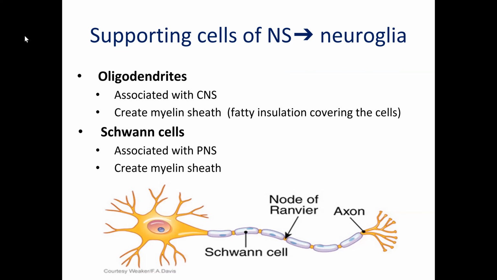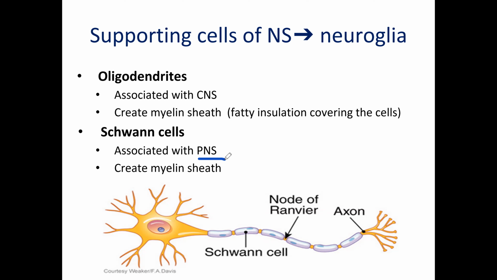Okay. So next we have oligodendrocytes. Oligodendrocytes are also part of the CNS, and they create the myelin sheath. Myelin sheath is a fatty insulation covering the cells. So you see on the axon, this covering over here, that's the myelin sheath.